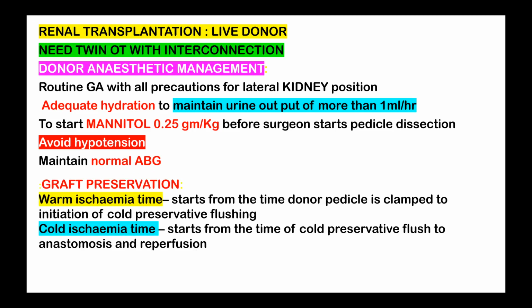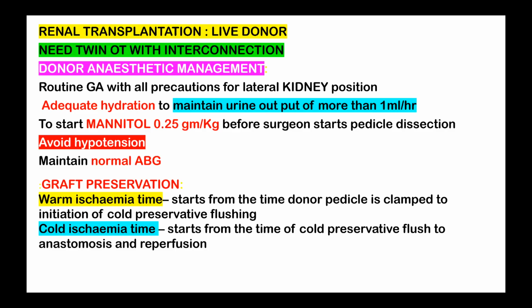But during the anastomosis time, you cannot maintain the same temperature as you were doing with the flushing with cold saline. So what the surgeons do is they pack the kidney with ice slush around the kidney and in the fossa where they do the placement of the kidney.